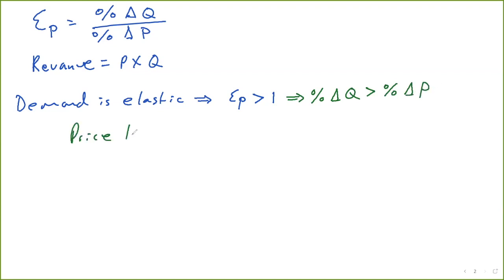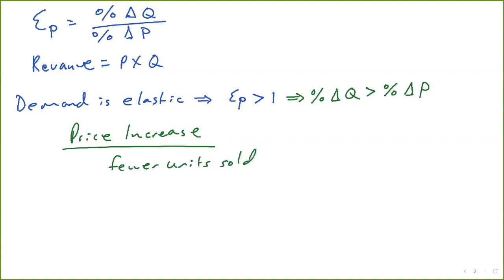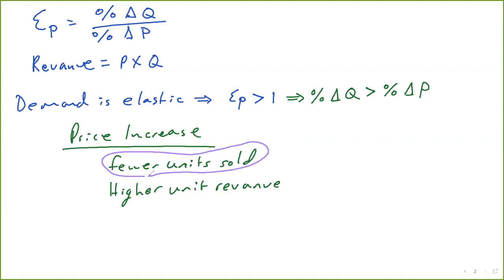So if we have a price increase, we know we're going to have fewer units sold, but we know higher revenue per unit will also accompany that. And since the price elasticity is greater than 1 and the percentage change in quantity is going to be larger, that means the fewer units sold effect is going to be the larger effect.